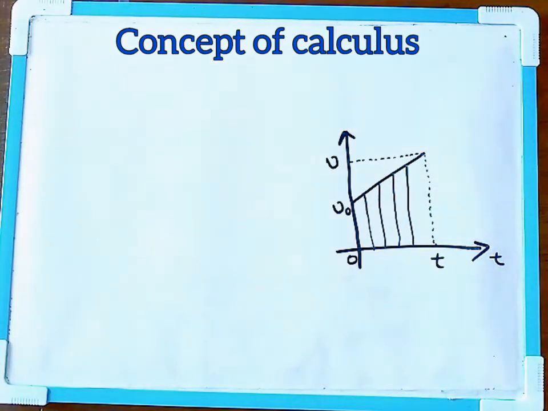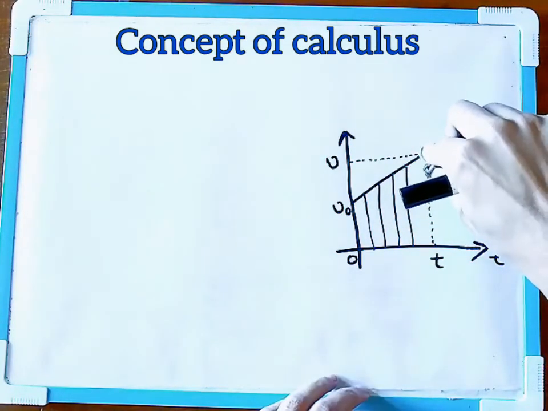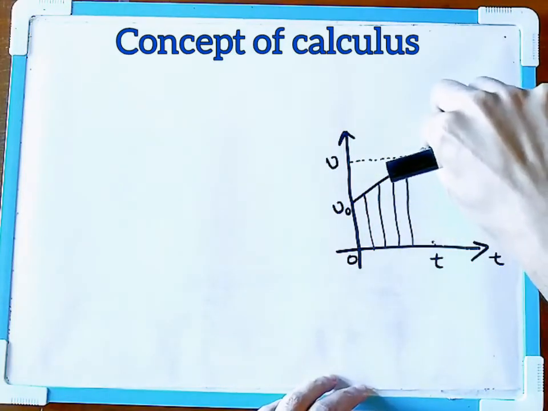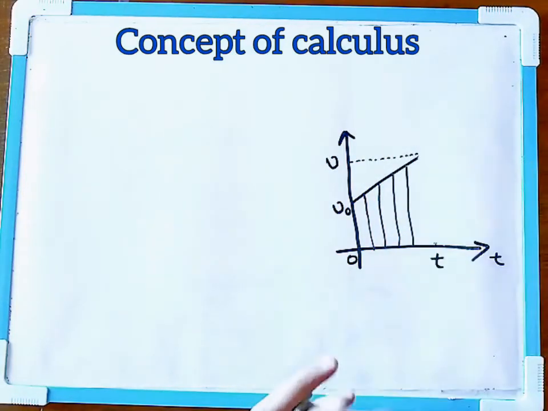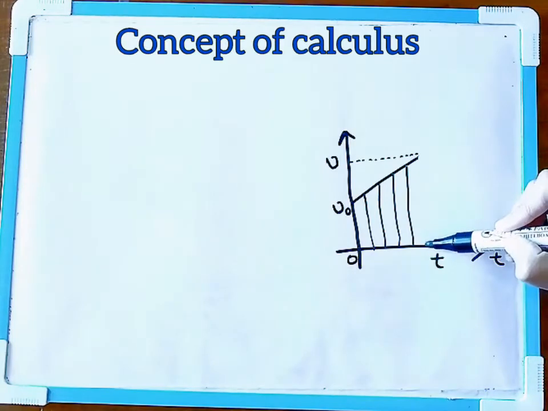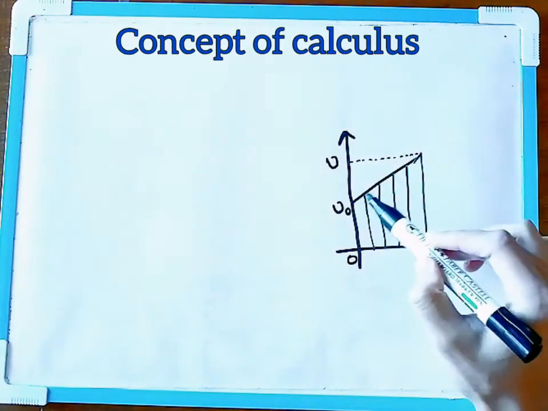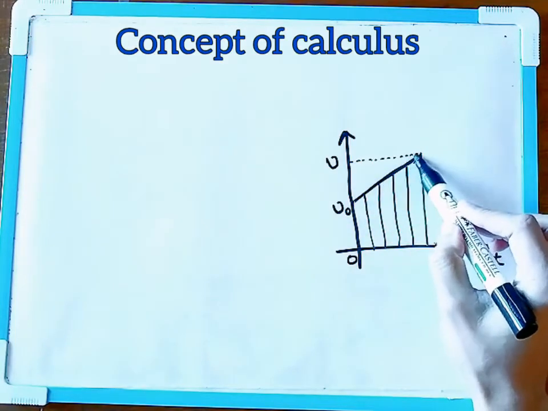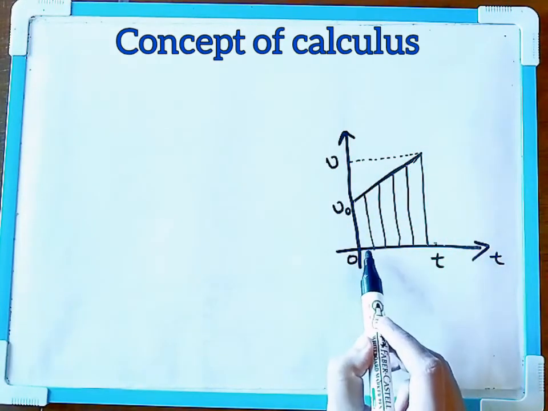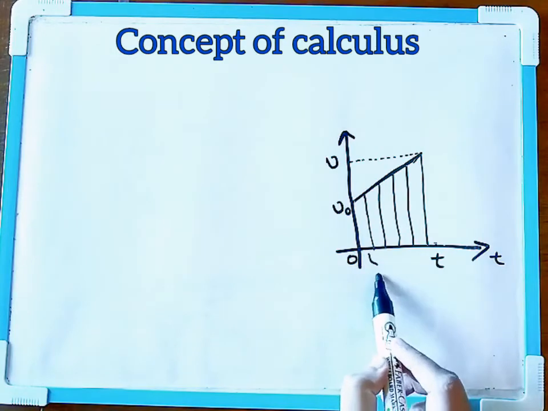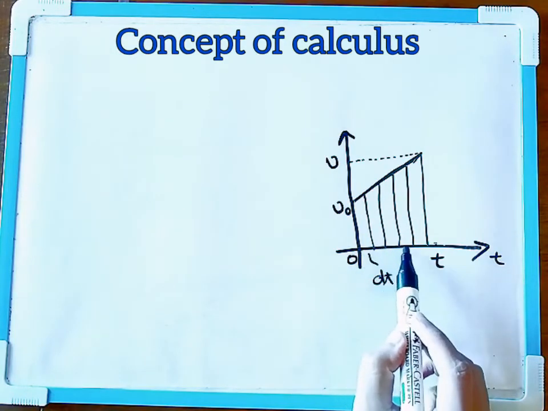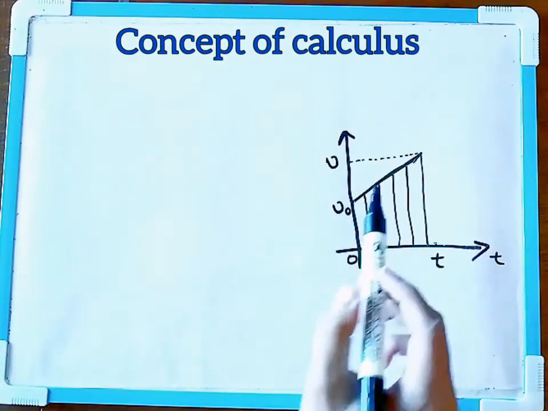I'll just bring this one close, so that they will be equal, and this was also t. So these are the small time intervals: dt, dt, dt, dt, dt. And look at the velocity also.